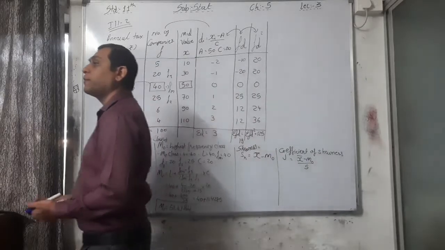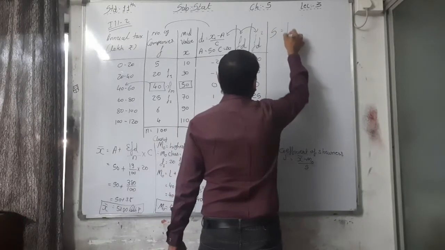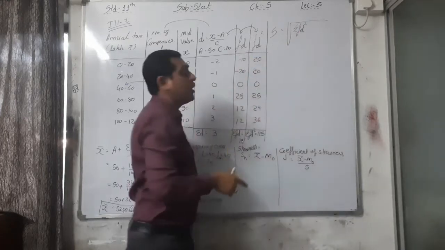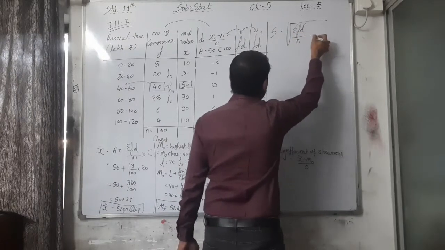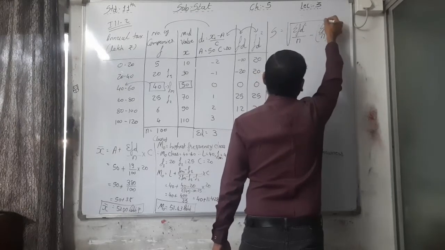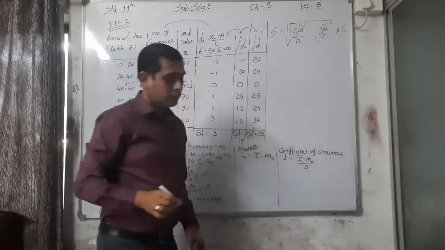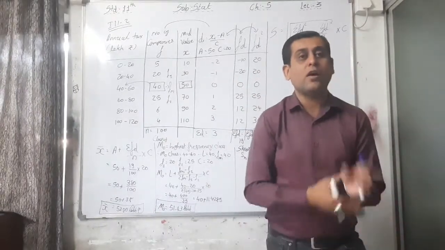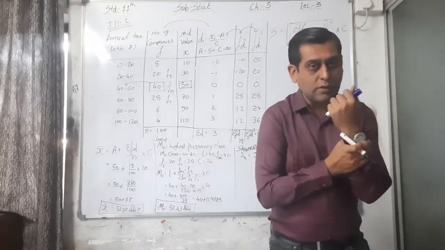So first of all, find out S. Formula for S, standard deviation: square root of sigma FD square upon n minus (sigma FD upon n) all square, into C. This is the formula.